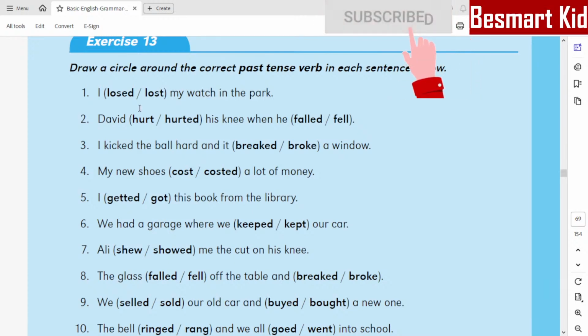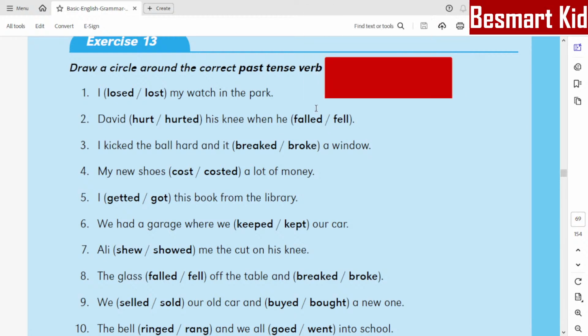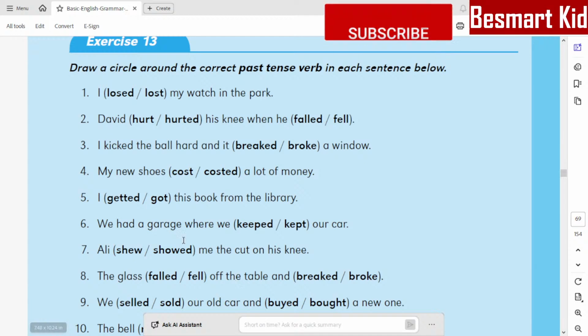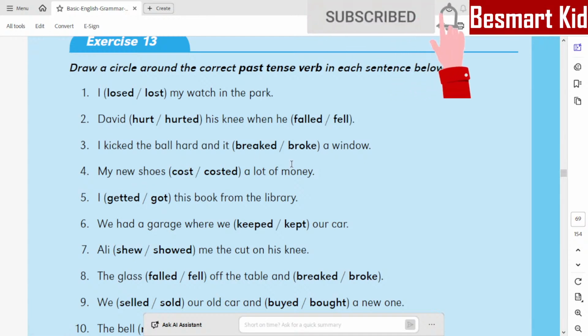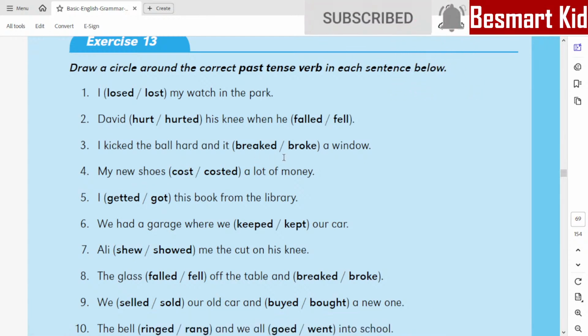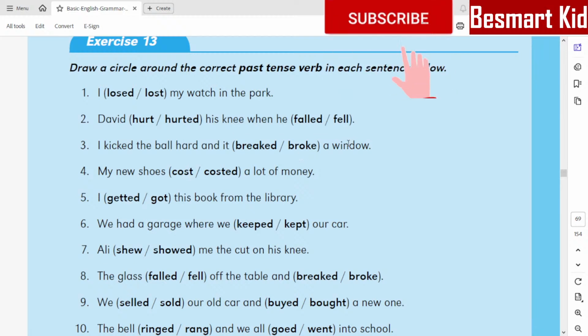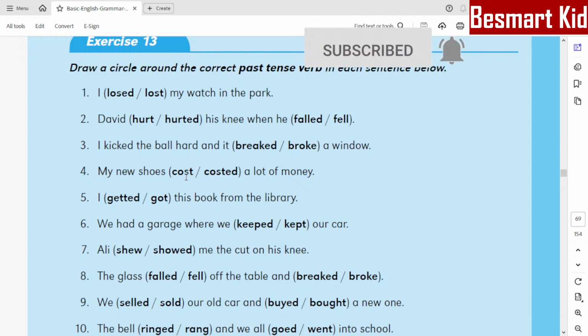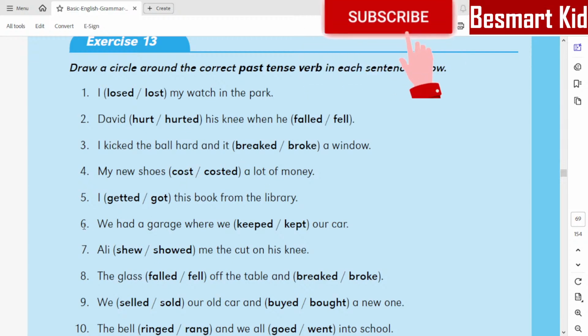David hurt or hurted his knee when he fall or fell. Third, I kicked the ball hard and it broke or brick a window. My new shoes costed a lot of money.